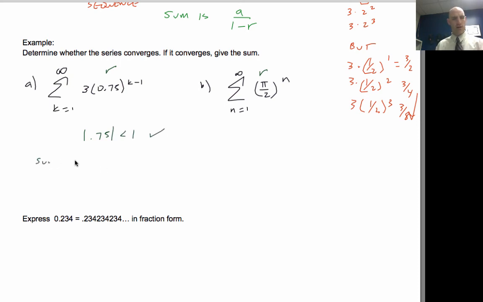So the sum is A sub 1 over 1 minus R. A sub 1 would be 3 times 0.75 to the 0, because K equals 1 goes in here. And then over 1 minus 0.75 is equal to 3 over 1 minus 3/4. So that's a fourth.